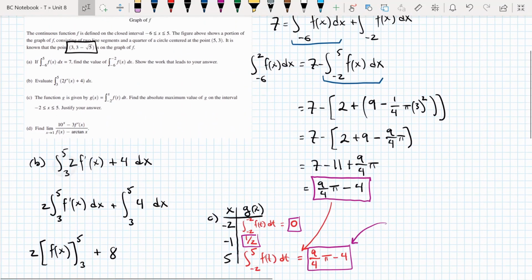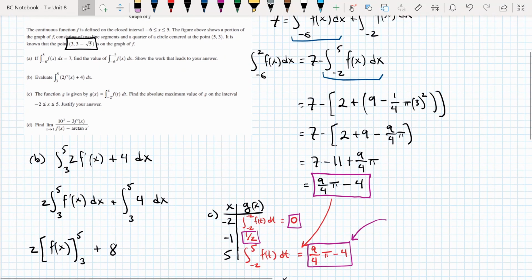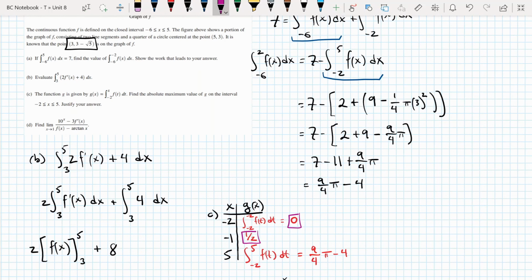Okay. Now, the last question wants us to evaluate this limit here. And so the value of the limit can be found by plugging in x equals 1 into the numerator and the denominator. One little mistake I just realized I made is that this right here is not actually the integral from negative 2 to 5. It's this value right here. This is the correct value here.